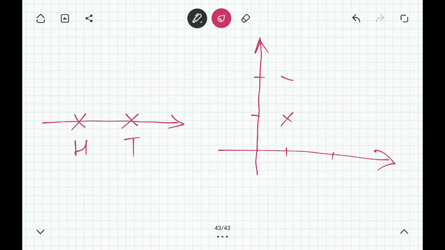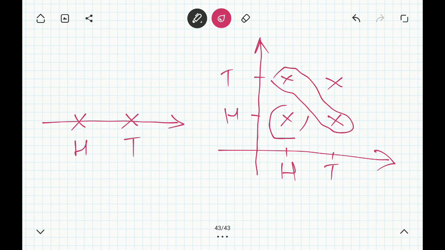So you can have two heads, which corresponds to this dot here, or one head and one tail, which are these two, or two tails. But the main thing is that those outcomes are separate.